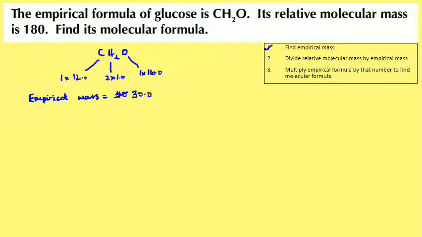Step number 2 is to divide the relative molecular mass by the empirical mass to give us the number of empirical formulas in the molecular formula.